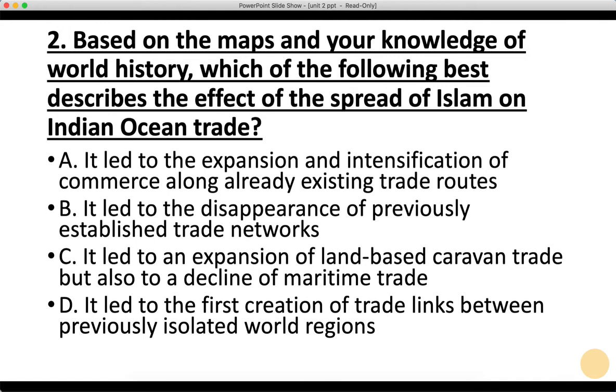Based on the maps and your knowledge of world history, which of the following best describes the effect of the spread of Islam on Indian Ocean trade?